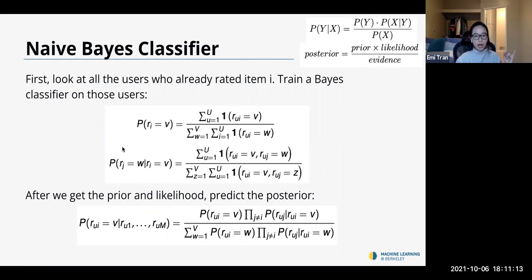So first look at all the users on item I, the probability that the rating of item I is a certain value, like 1 or 2 or 3 or 4. V is the notation for value. It could be 1 to 5 either. You're trying to loop through all the values in the discrete output set.